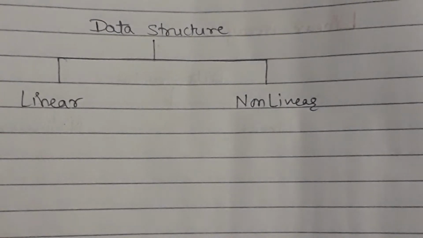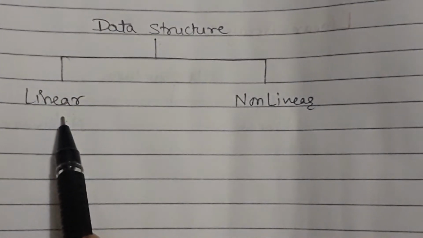There are two ways of representing such a linear structure in memory.